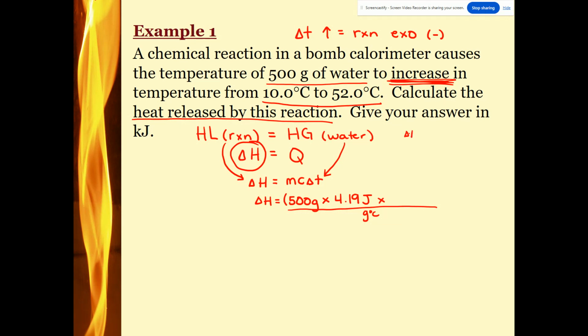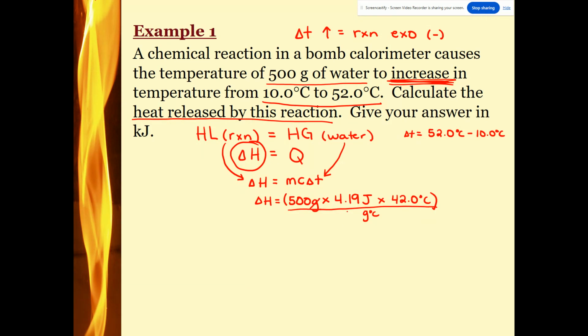You could put it all in your calculator in one step, or you can do it in 2 steps. However you prefer is easier for you. If I find the temperature change first, I get a temperature change of 42.0 degrees Celsius. Remember, when I'm setting this question up and doing unit analysis, there's no number on the bottom that I'm dividing by.